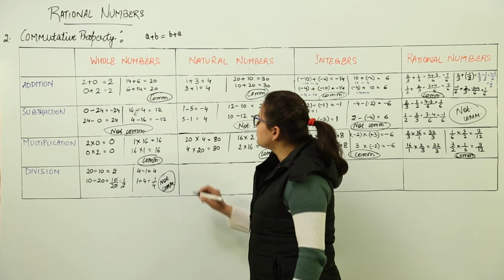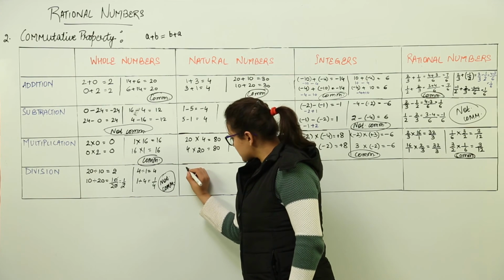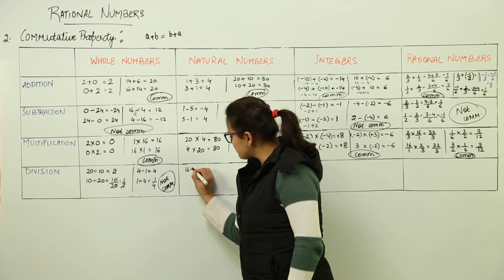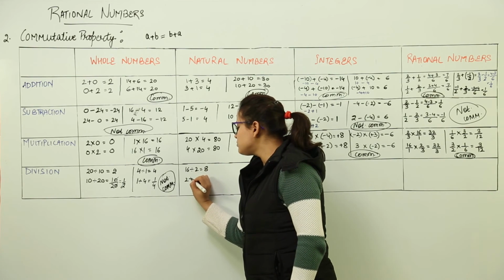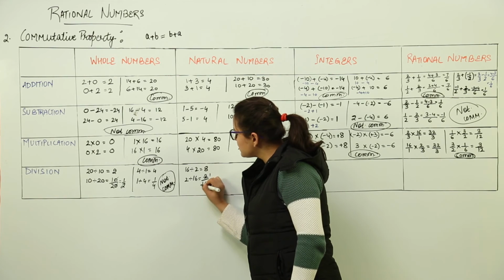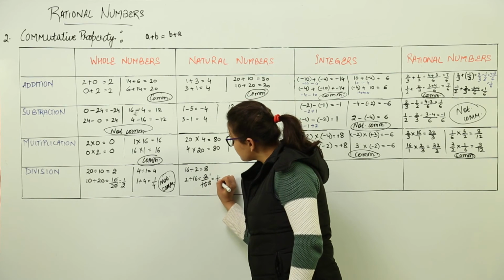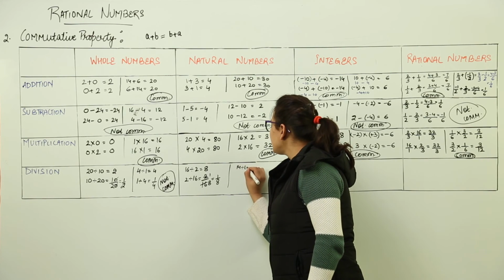The next case would be for natural numbers. Let us take any natural number. Let's start with 16 divided by 2. You get 8, but if you do 2 divided by 16, you get 2 over 16, that is 1 over 8. Another example, 14 divided by 10.